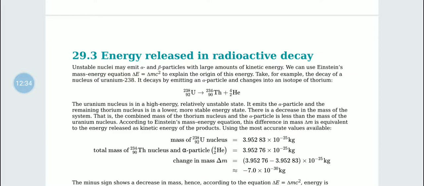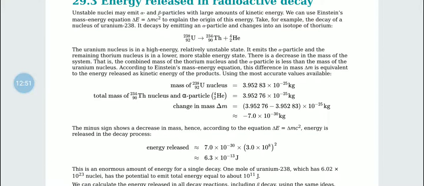During this decay, the change in mass would be equal to the energy released.